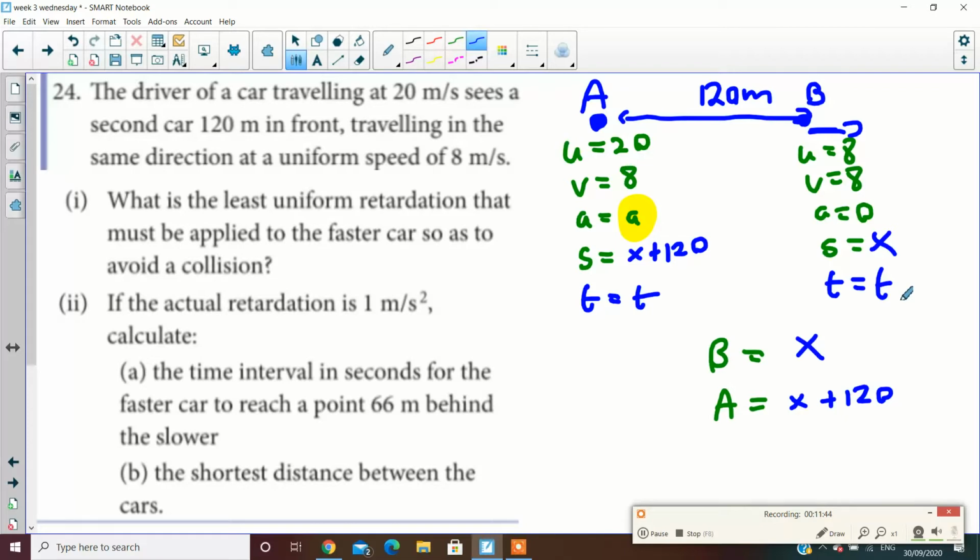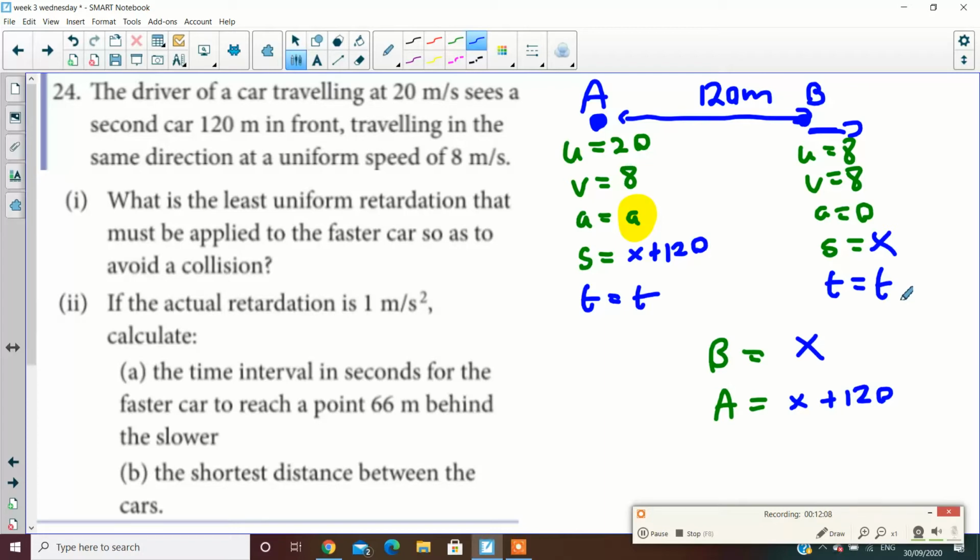If I use s equals ut plus a half at squared, I'm going to end up with 3 variables. I'm going to end up with the x, I'm going to end up with the a, and I'm going to end up with the t. If I use v squared equals u squared plus 2as, I end up with 2 variables.